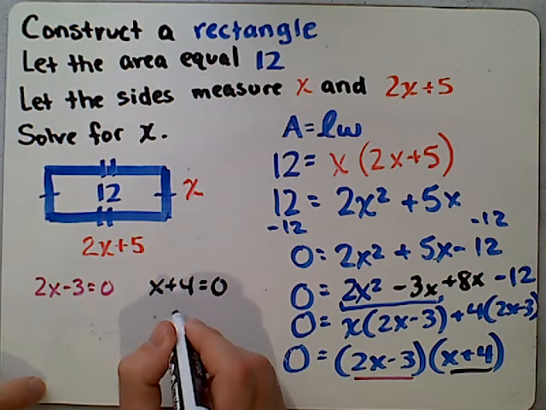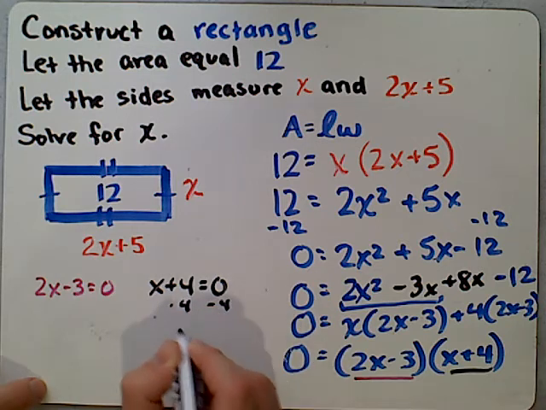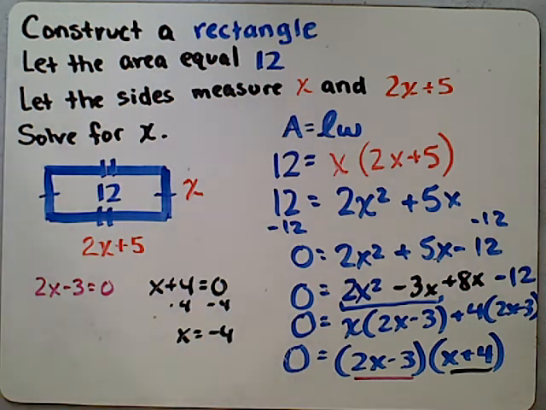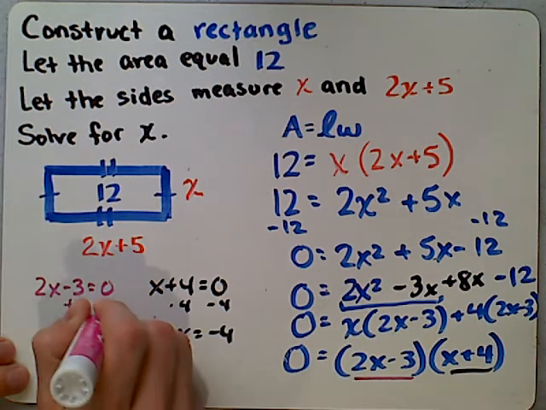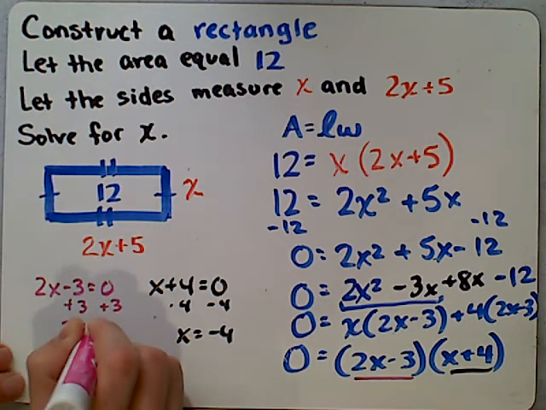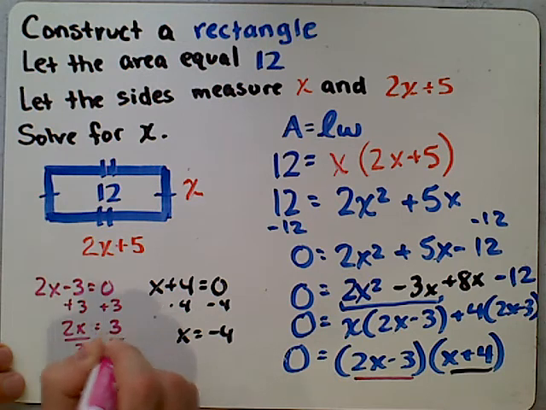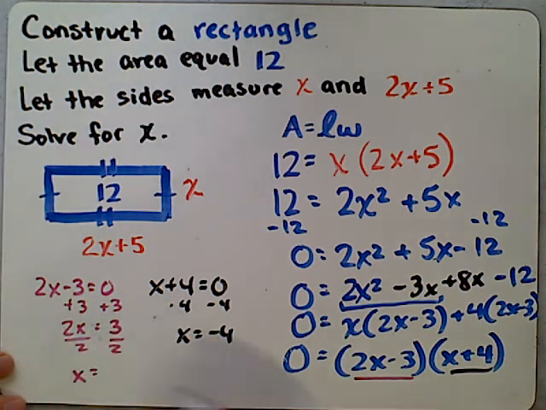Subtract 4 from both sides here, and we will get x equals negative 4. With the pink equation, we have one more step than that. We're going to add 3 to both sides, get 2x equals 3, then divide off the 2, and get x equals 1.5. You could write this as 3 halves, or as 1.5. Any of those will work.